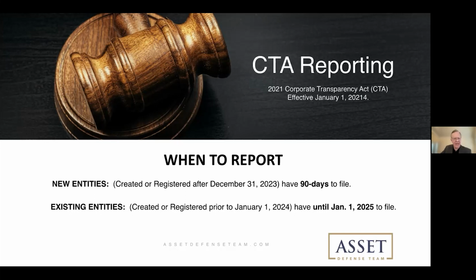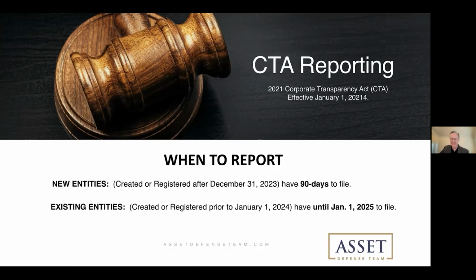So really jot this down, if you will. Brand new entities created as of January 1st, 2024, have only 90 days in which to file this report, and that is 90 days from the date of creation of the entity. All right. Existing entities that existed prior to January 1st, 2024 have a full year in which to file.